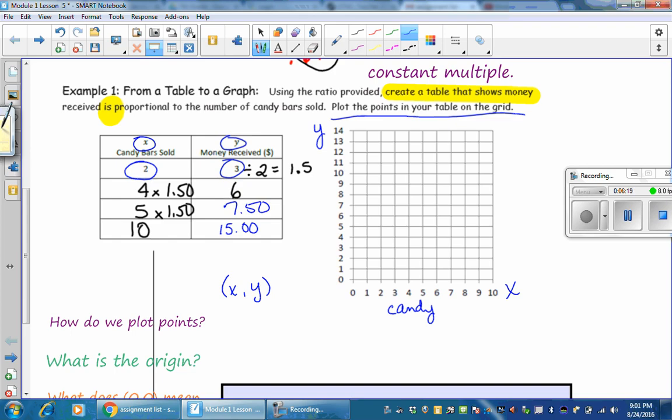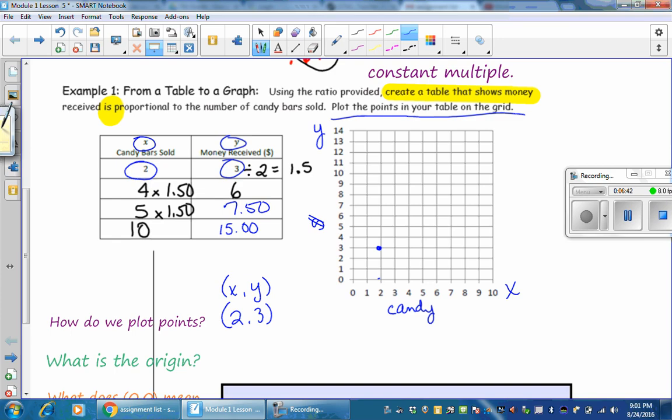And then the y is the money collected. So we want to plot the first point, 2, 3, and that means 2 candy bars is $3. So we go over to the 2 and then up to the 3, and that is the point 2, 3.